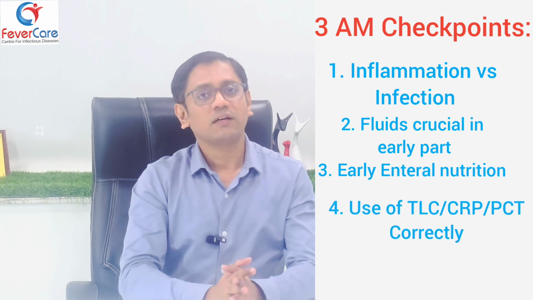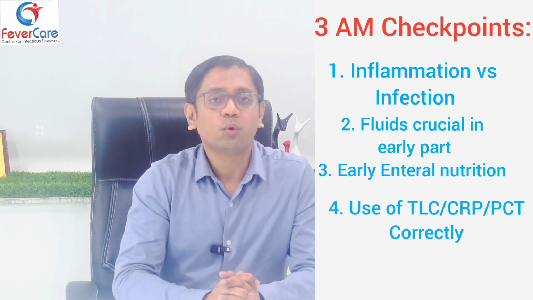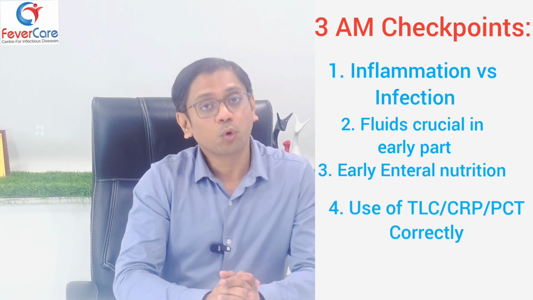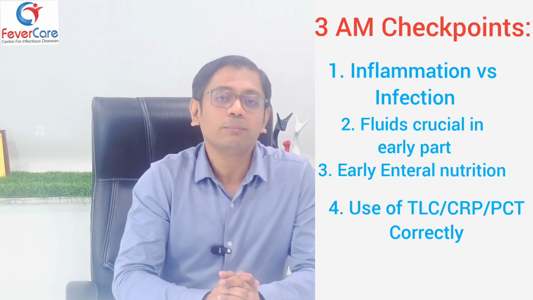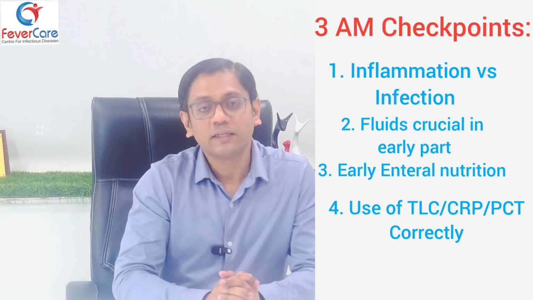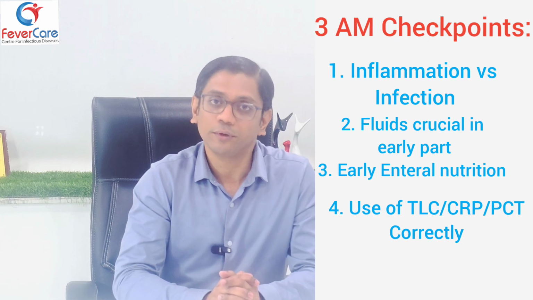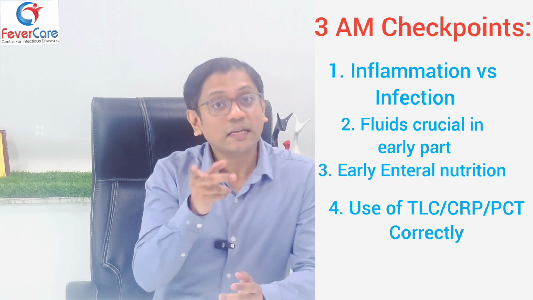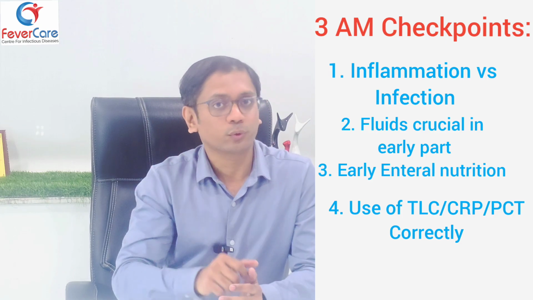Third, markers like high WBC count, increased CRP, increased procalcitonin can all be present without infection in early phases of severe acute pancreatitis. But a negative marker like a negative procalcitonin goes a long way in predicting that there is no severe systemic infection at present and antibiotics can wait.